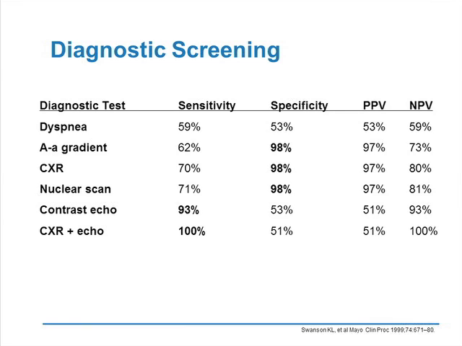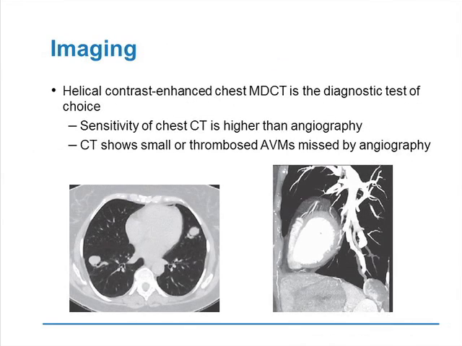And so that is usually the standard way in which we screen for the presence of or suspicion for a pulmonary AVM. And if this is positive, so the bubble study is positive for a pulmonary shunt, then the testing of choice to confirm that this is indeed a pulmonary AVM is to do a contrast-enhanced chest CT.